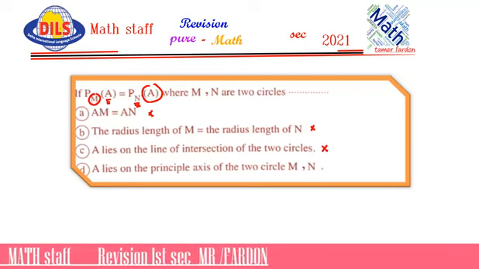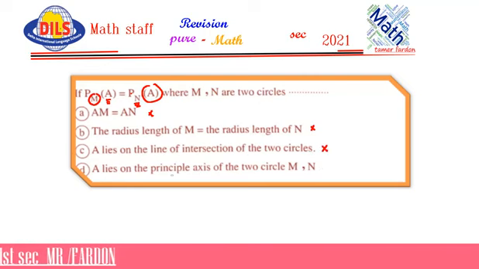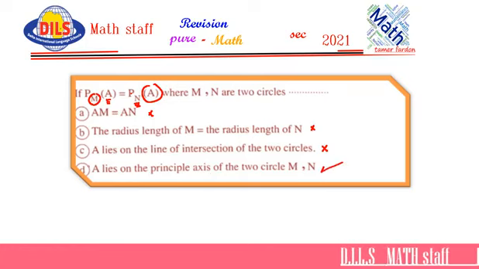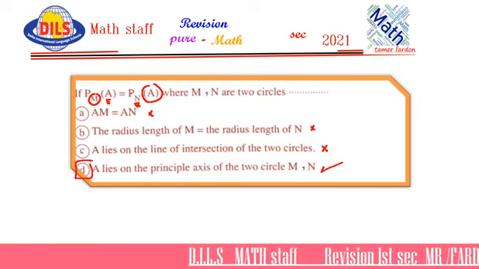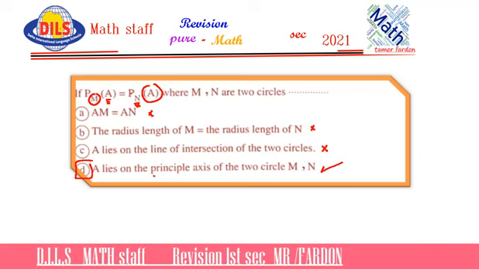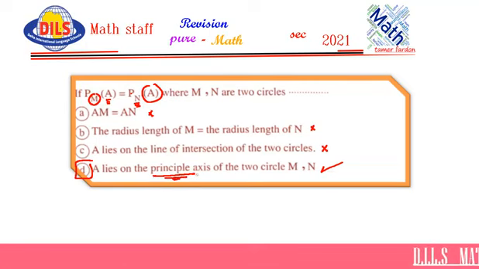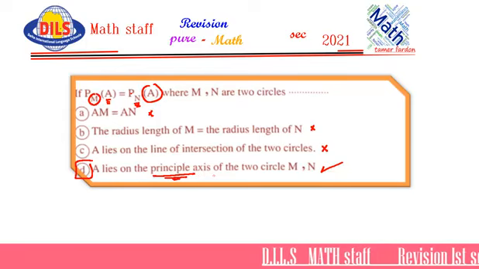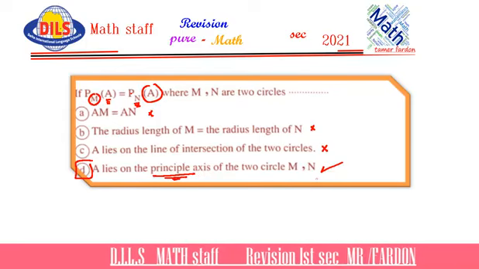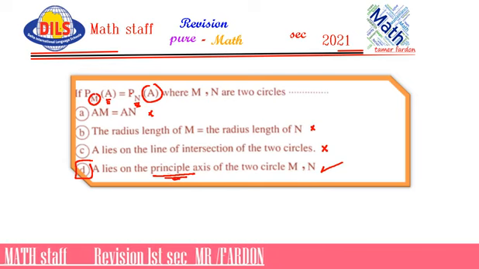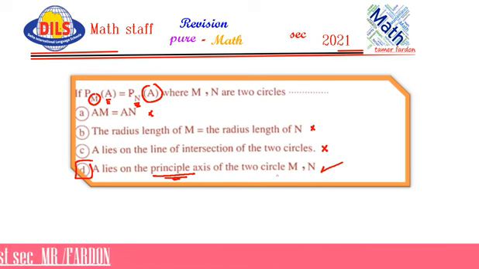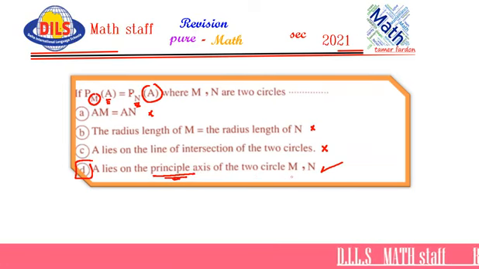Also wrong. A lies on the principal axis of the two circles? Yes, the correct answer is D, because any point on the principal axis of two circles has the same power with respect to the two circles.